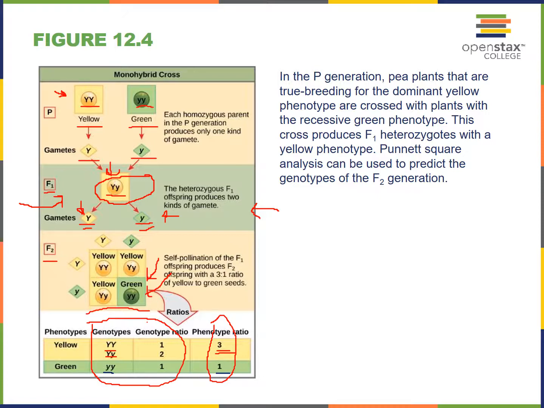So these 2 genotypes give you the yellow colored seed phenotype, and this genotype gives you the green colored seed phenotype. Okay, enough with this figure.